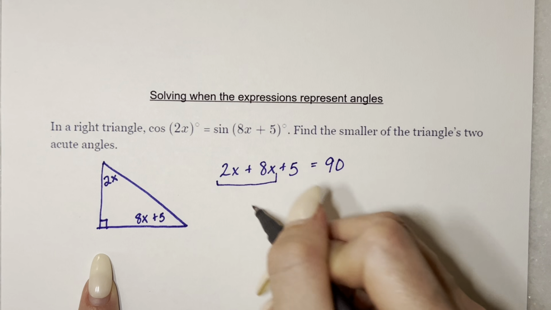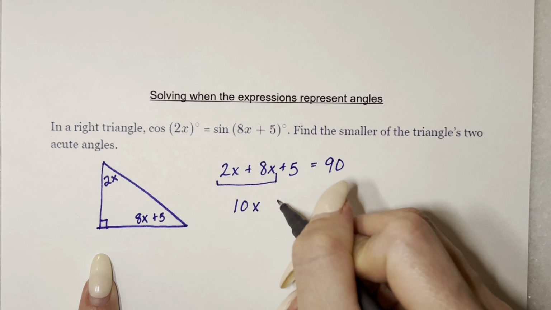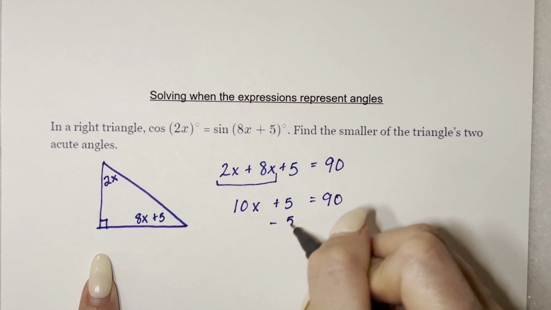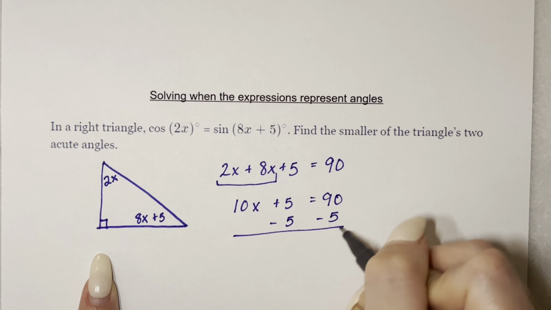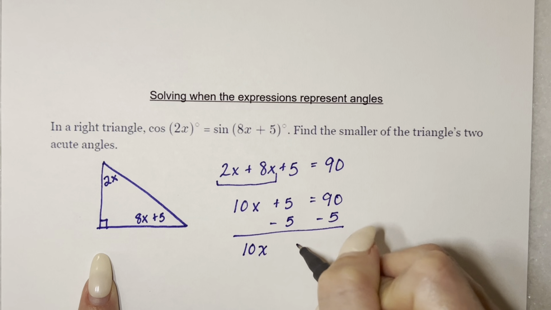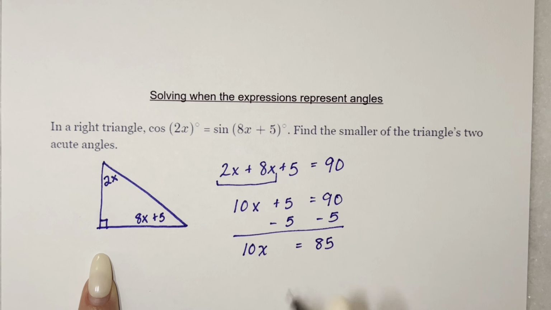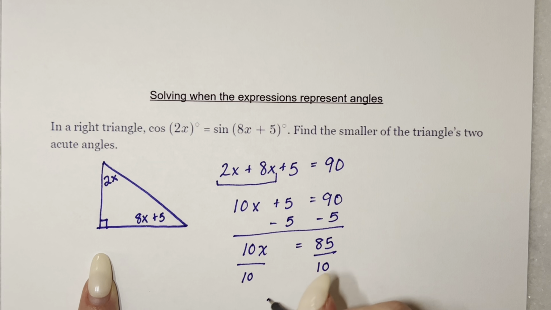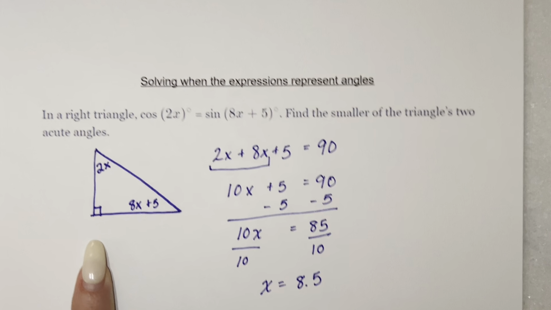I'm going to add these two like terms together, move this to the other side, and then divide both sides by 10. And I'm going to get that x is equal to 8.5.